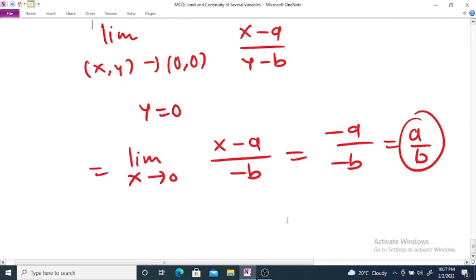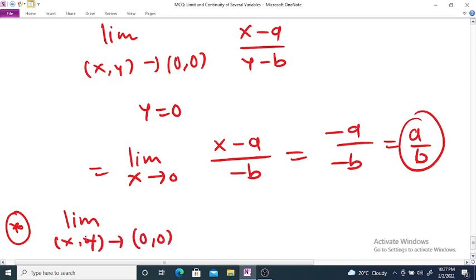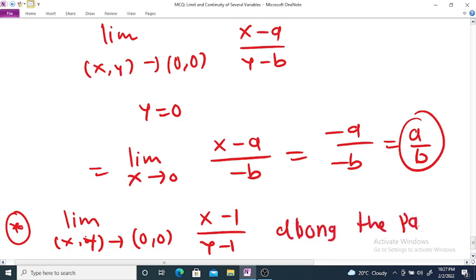Now if we take the next example, find the limit as (x, y) tends to (0, 0) of (x minus 1) divided by (y minus 1) along the path y equal to twice x.